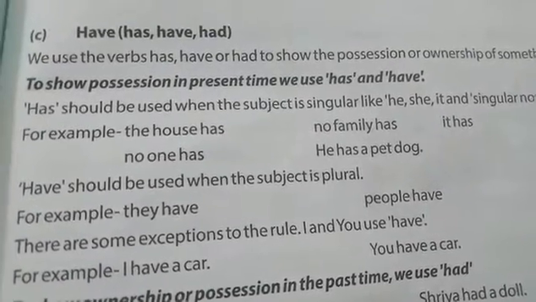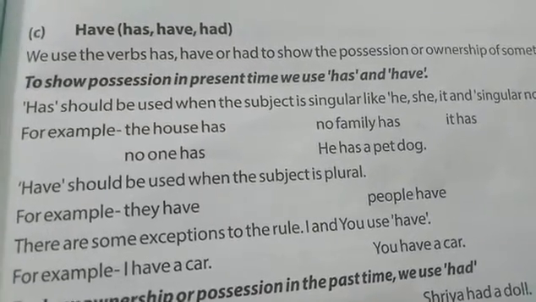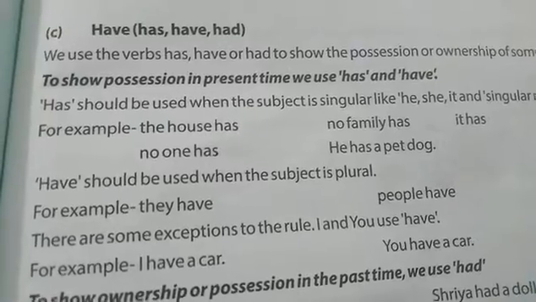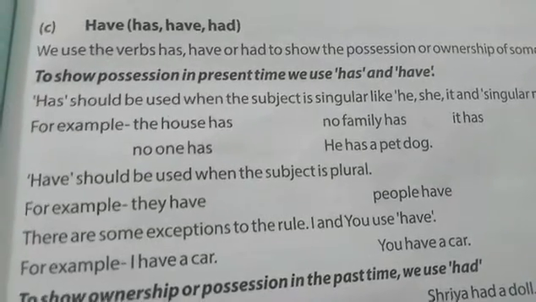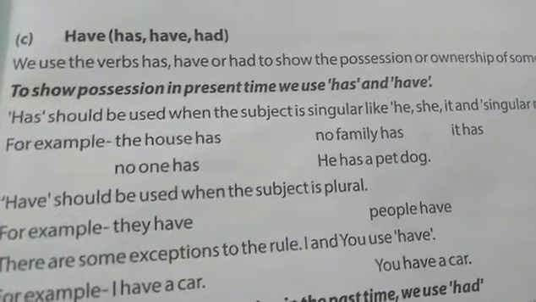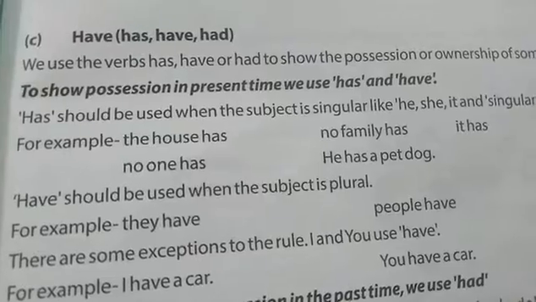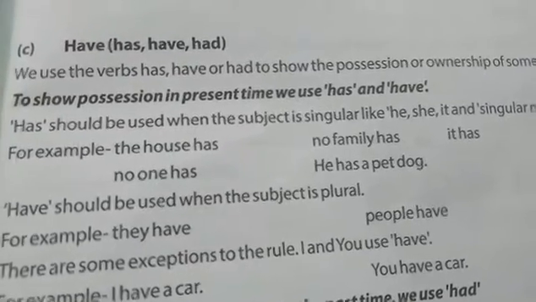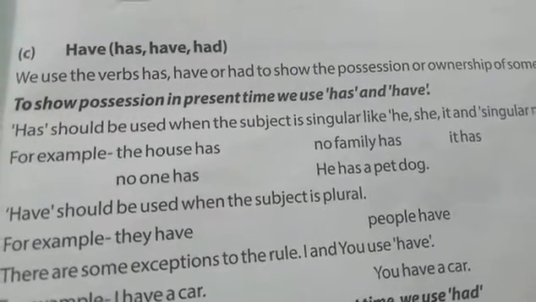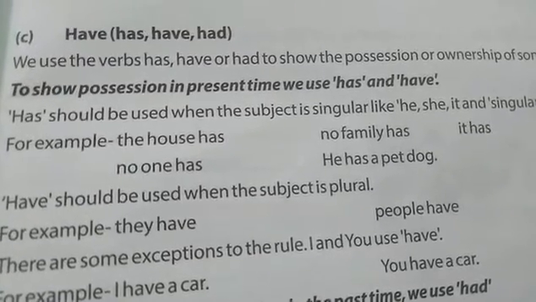Welcome back. So far we have discussed verbs and the definition of verbs, the use of is, am, are, was, were, do, did, done, and today we will discuss the use of have, which is again a helping verb, or we can call it an auxiliary verb.